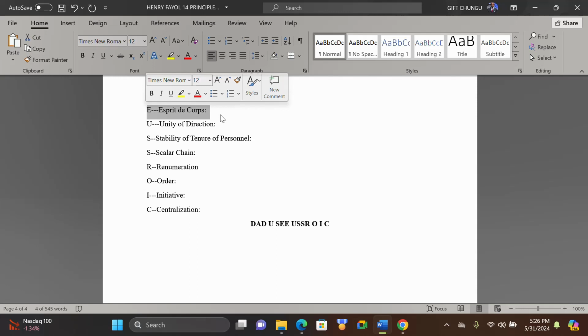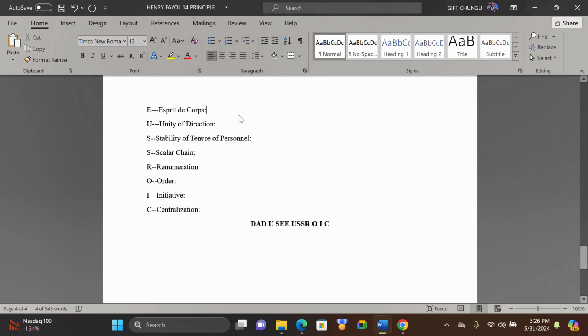So another point that we have, meaning USSR, we are looking at this. Let me just highlight it. So we said scalar chain, equity, and this one is esprit de corps. And then now we have U, and then we have unity of direction. Now, what is it that we are looking at when we say unity of direction?